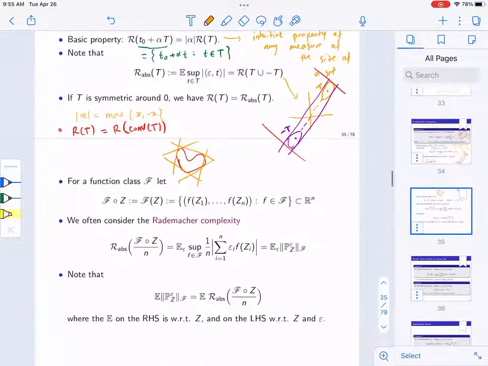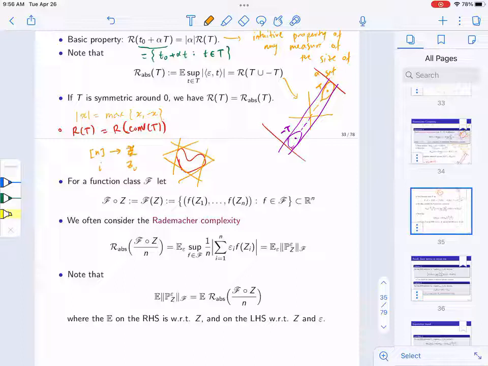So now back to the setting. This notation makes sense because you can think of the Z vector as a function mapping indices in n to Z. So if you give me i, I'm going to output Z_i.